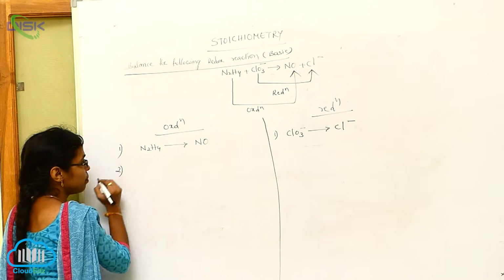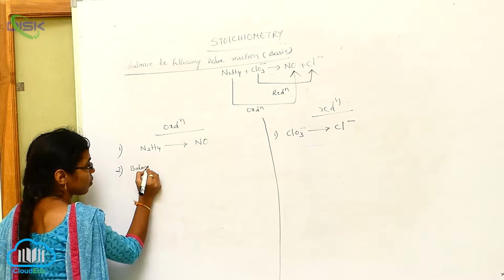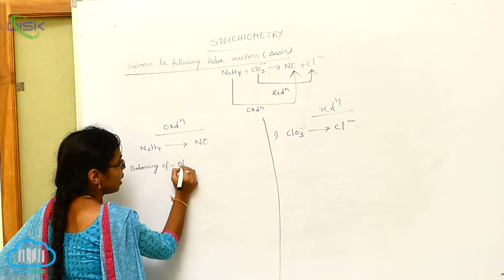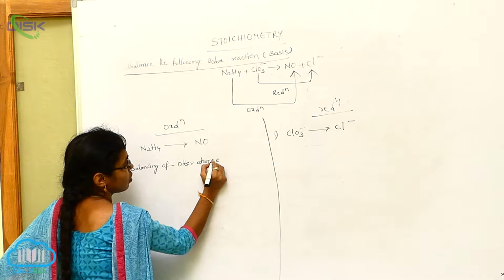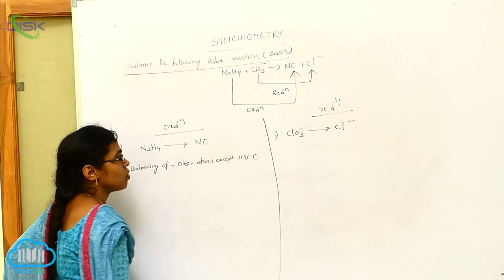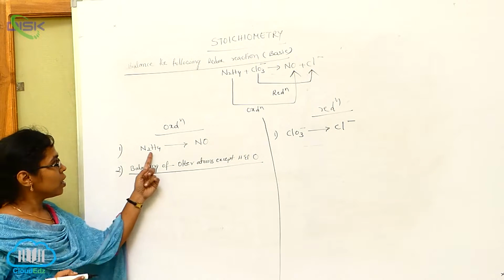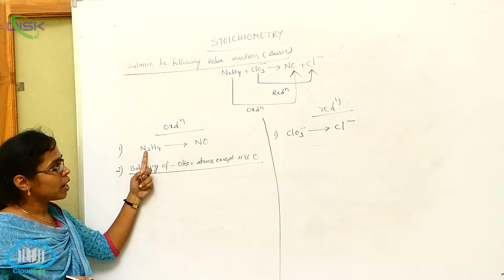Next, step 2, balancing of other atoms except hydrogen and oxygen. So other atoms means other than hydrogen and oxygen. Here how many nitrogen atoms? 2.